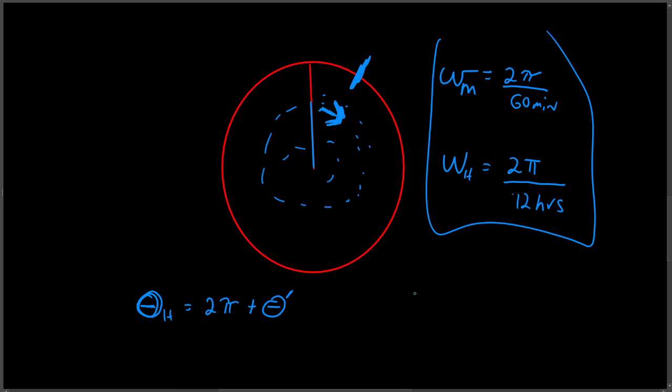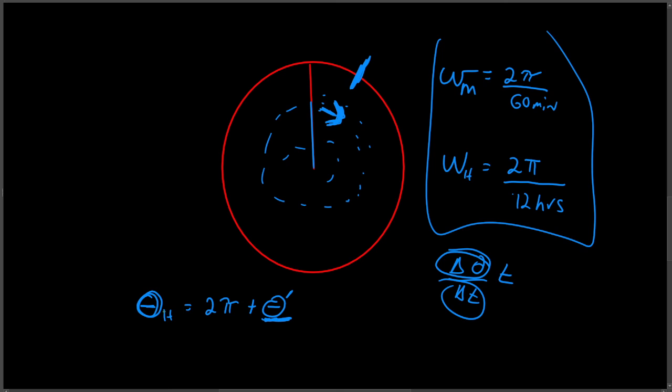And because the hour hand is moving with an angular velocity, which is the change in theta over the change in time, well, if I multiply it by time, I'll get the theta. And so we can look at how far the hour hand moves in a given amount of time. But what we want to be equal is this angle here.